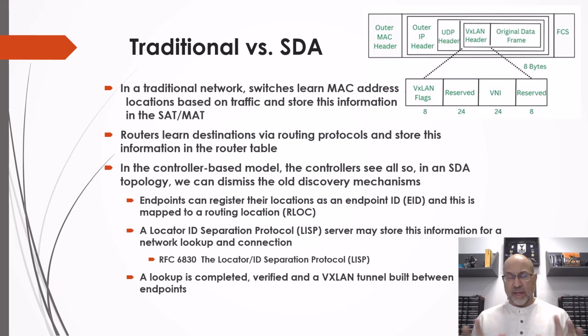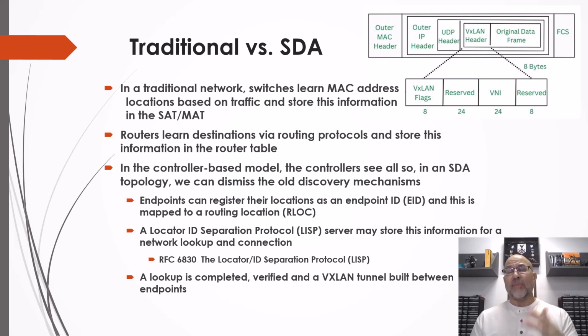I don't want to spend a lot of time on LISP routing right now, but this protocol exists as an internet standard. So what we might do in an SDA architecture is two nodes want to communicate. They would go out and make a query to the LISP server and see if that node is there. Has it registered? Do we know where it is?